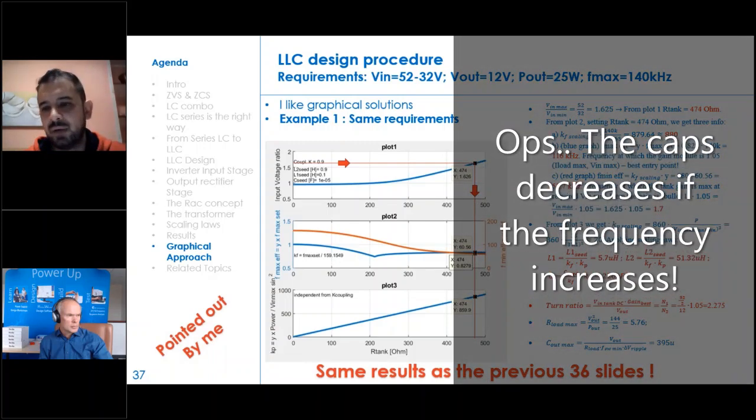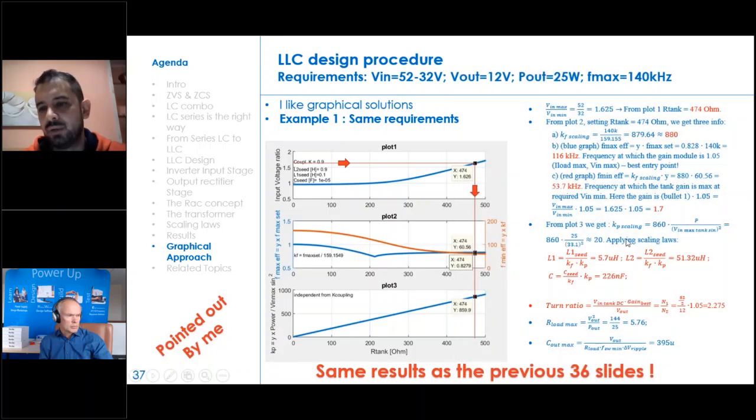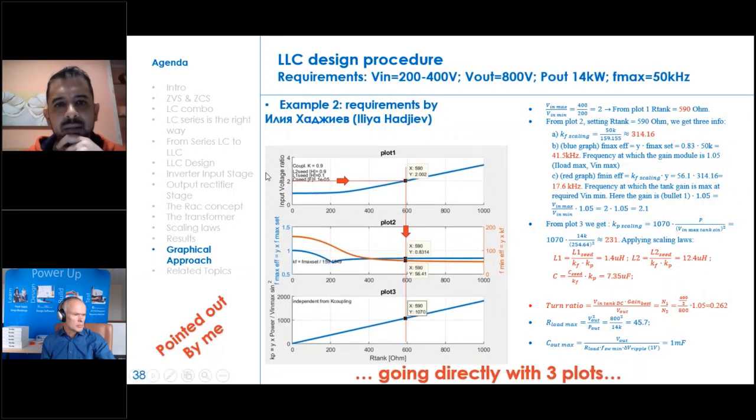All calculated values here are identical to the same values we got before. Identical. Now, I didn't report the simulation because they are equivalent to the previous case. Let's go to this example.